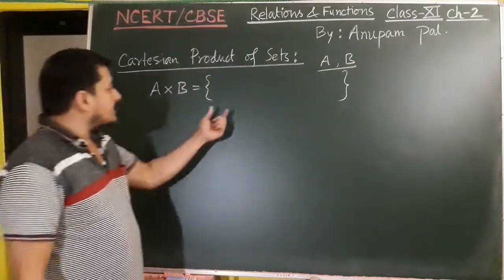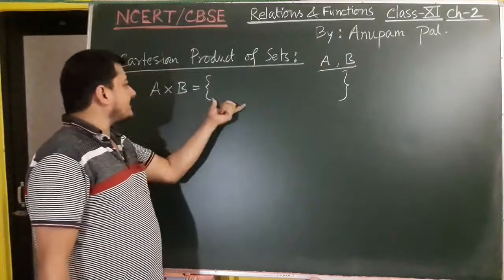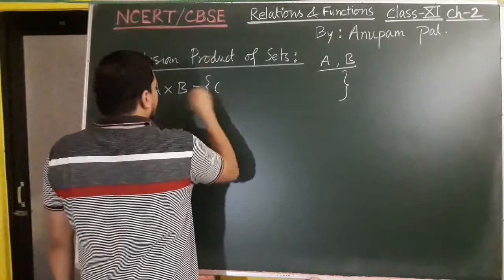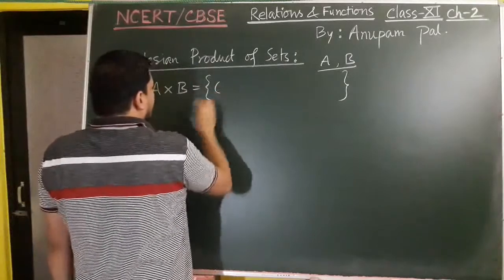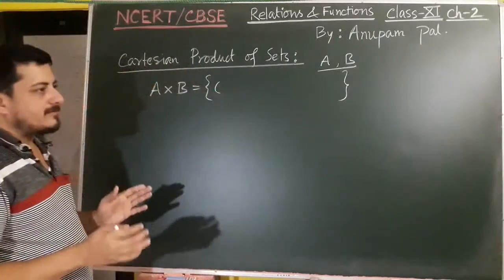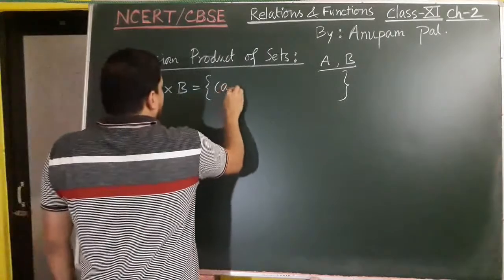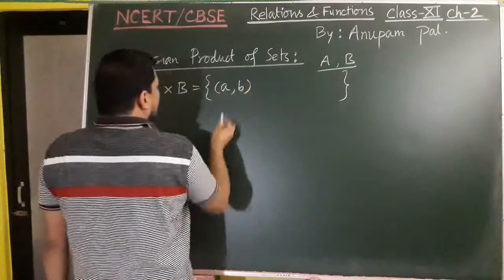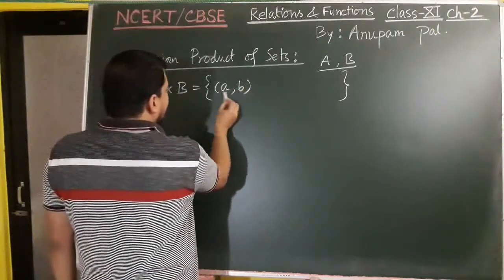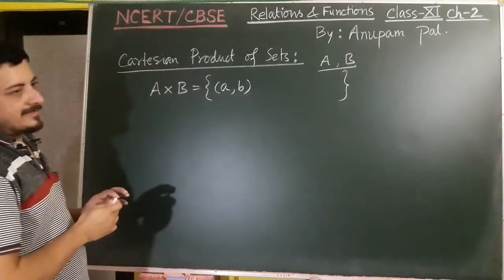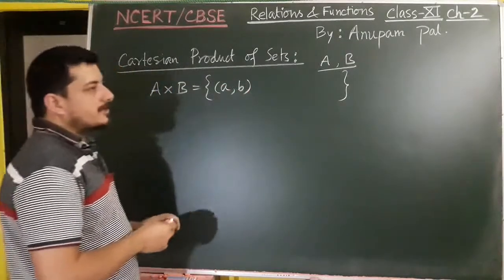And what will be the elements of this cross product set? They will be ordered pairs. So what is an ordered pair? Ordered pairs are just two elements that we write within a pair of parentheses. So I write it (a, b). These two elements, a and b, are written within a pair of parentheses, so this is nothing but an ordered pair.